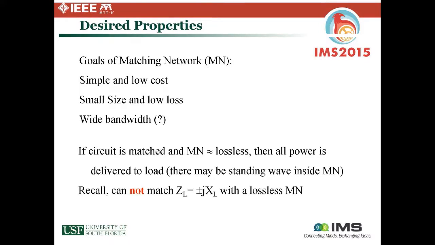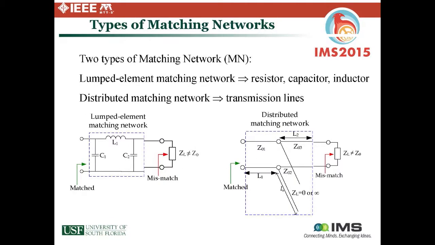The types of matching networks we'll talk about are lumped element, like LC matching, and distributed element, which would be ones that involve transmission lines. Lumped elements classically are used at lower frequencies, distributed at higher frequencies, but as a designer, these are just tools in your toolkit, and you should be able to mix and match lumped and distributed networks.